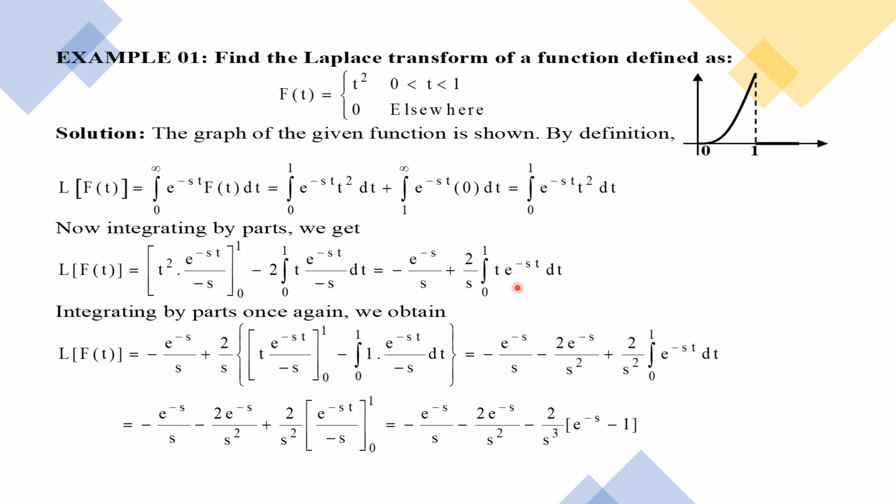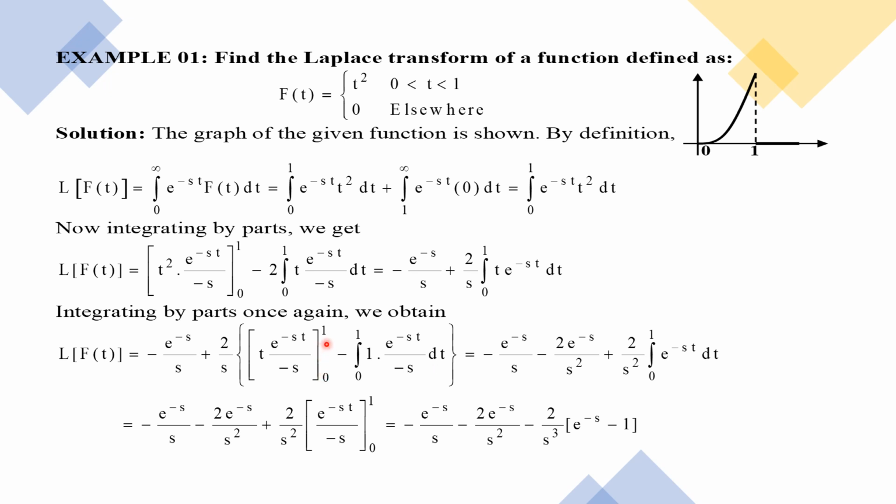Now use here integration by parts. So t is the same, taking the integration of the term e power minus st over s, upper limit minus lower limit, minus the integral from 0 to 1. By the rule of integration by parts, taking the derivative of t is 1, with the same integral right here, e power minus st dt.